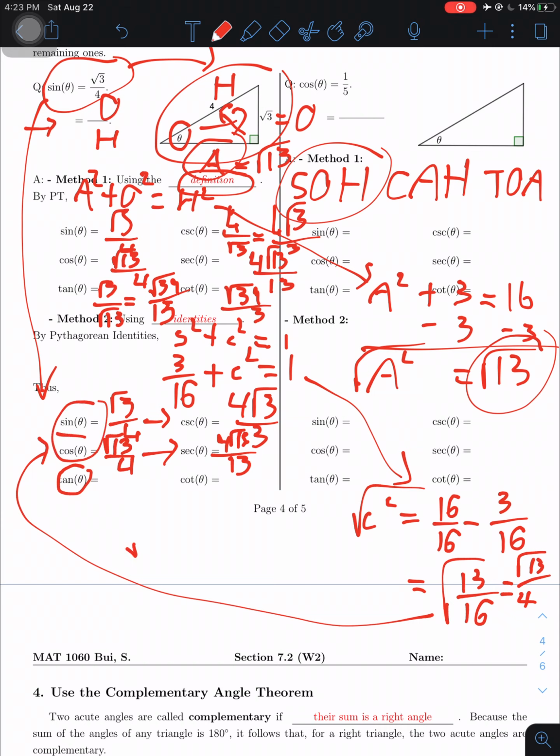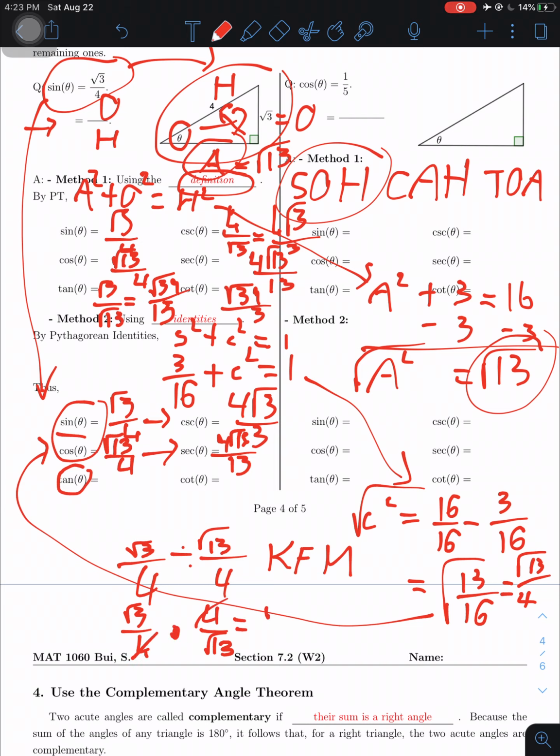Let me write it more properly. There we go. And then we multiply them. So the 4's cancel, and then we get square root of 3 divided by square root of 13, and then we rationalize it to get square root of 39 divided by 13. This is tangent. So we have square root of 39 divided by 13.